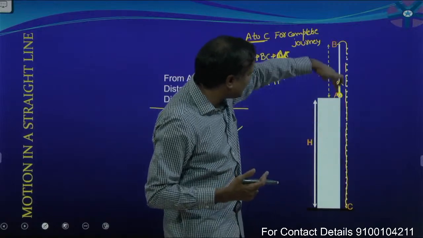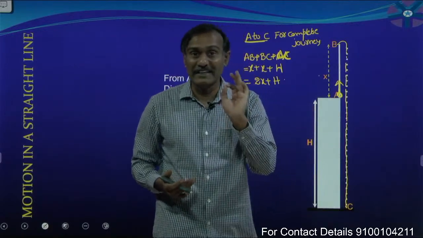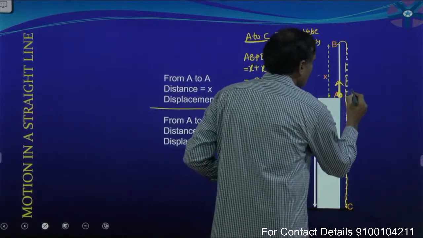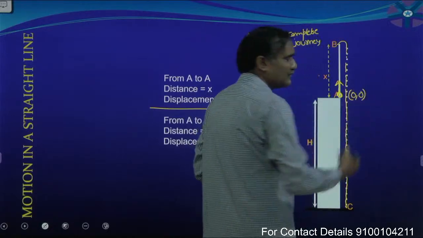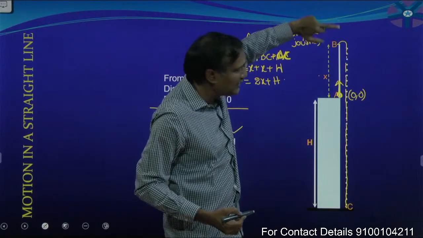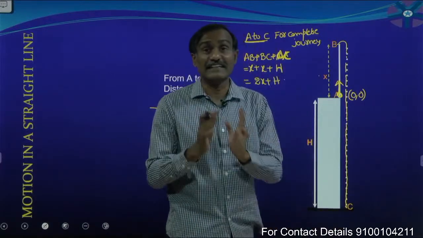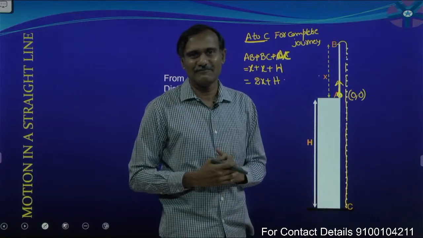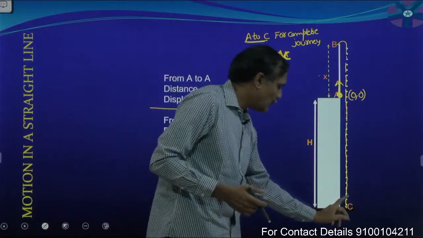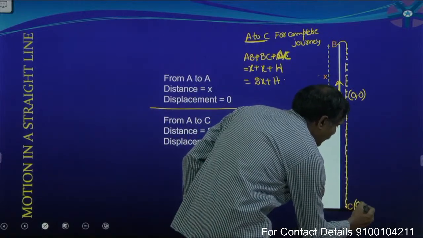Now, A is the initial point, the reference point, taken as origin. So, its coordinates are 0, 0. Above the origin, it is the positive y axis. Below the origin, it is the negative y axis. Already we know it. So, what are the coordinates of C? It is 0, minus h.